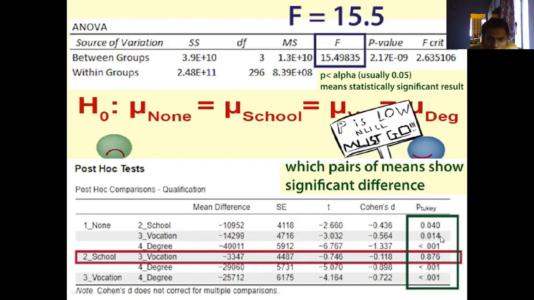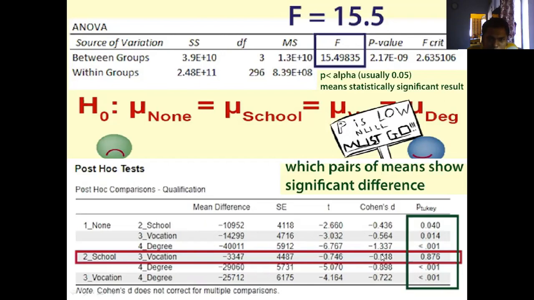That means if you compare the no educational qualification and school level educational qualification, then their mean is different, because the significance level is significant, p is very less. In all the other cases, the same.